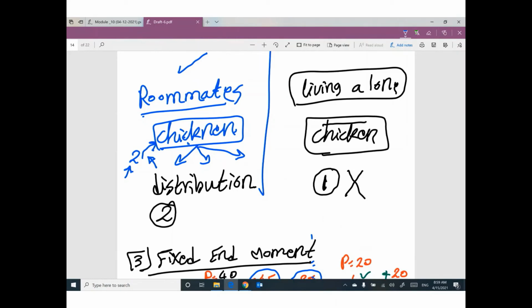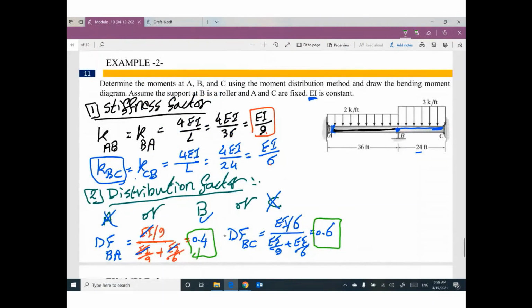That makes sense? So the distribution factor for the first member plus the distribution factor of the second member must equal 1. The whole moment. That makes sense? Third step.